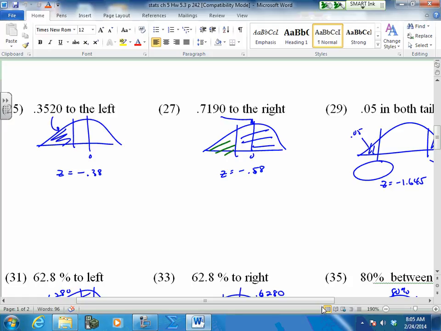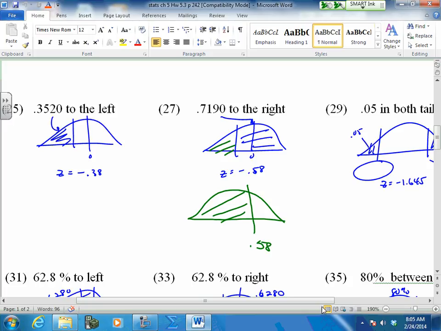If you ended up with a positive z-score, all you need to do is notice that the negative one is symmetrical to it. If you looked up this, you got the area to the left. You got this z-score. Remember, this is a symmetrical graph, but it has to be area to the right. You have to have a negative z-score on this.